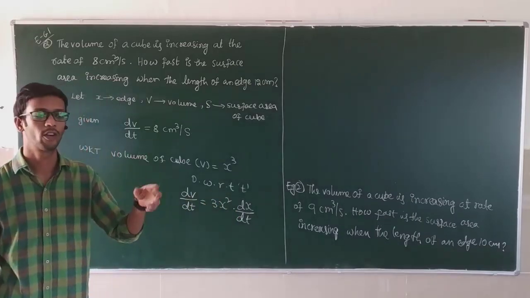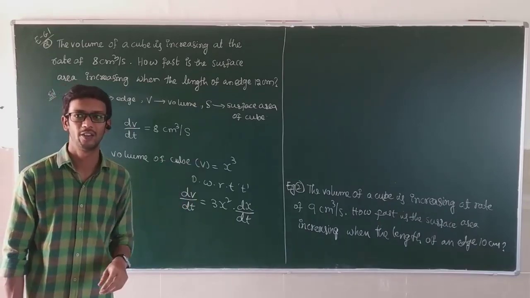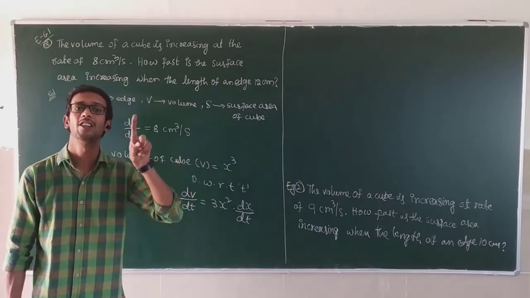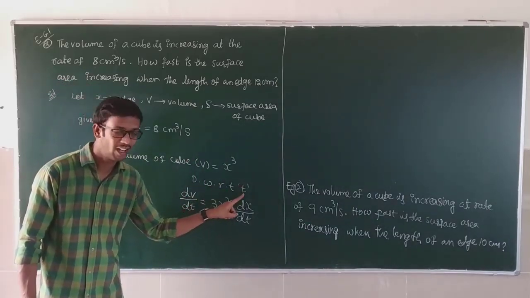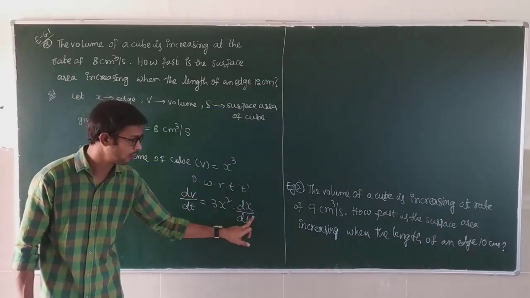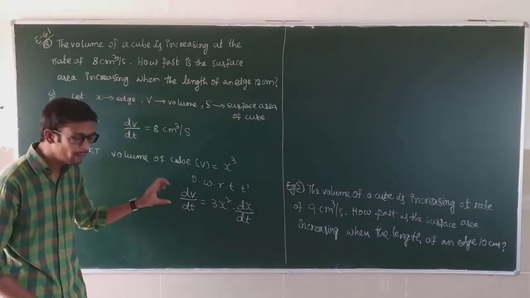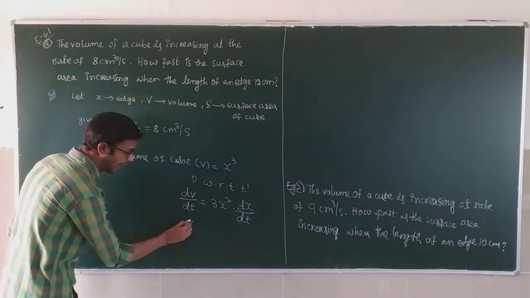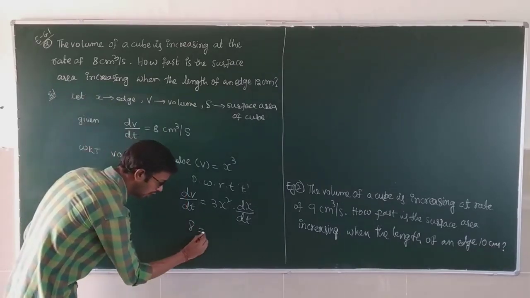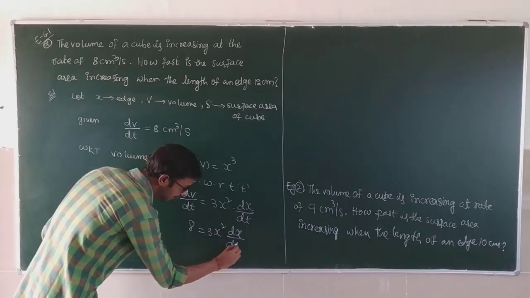Before this chapter, other than x is there, we are making derivation. Why? Because there derivation with respect to x. Here derivation with respect to t. Other than t is there, you have to make the derivation for that. dx by dt. What is the dV by dt? dV by dt value we know already. 8 is equal to 3x square dx by dt.